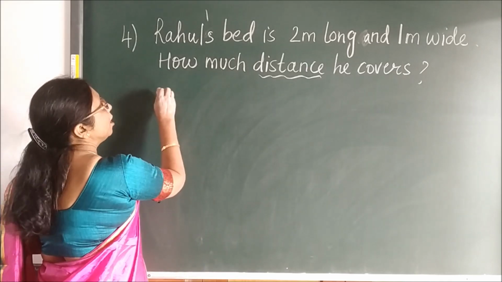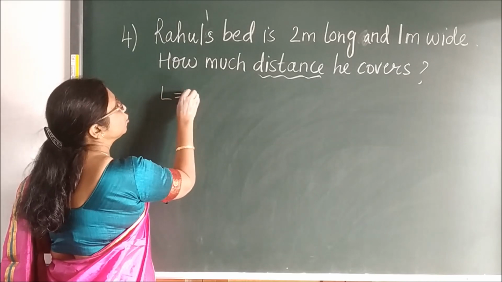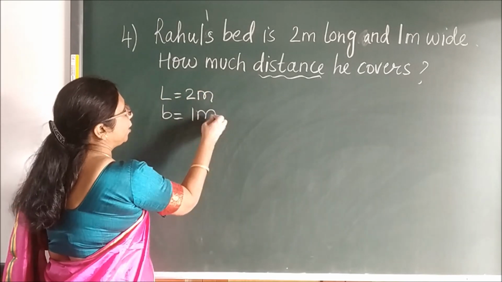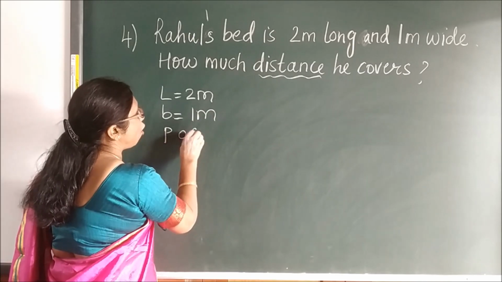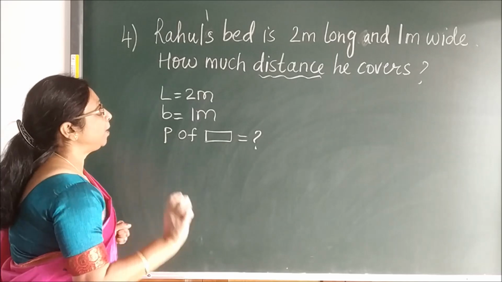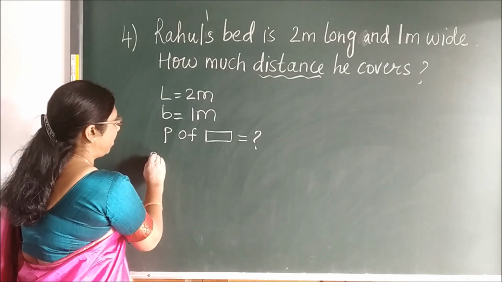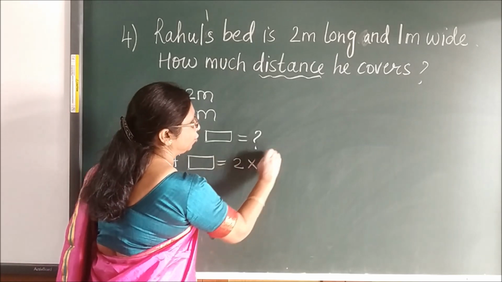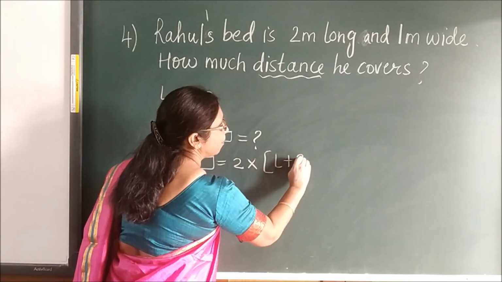So here we'll write length is 2 meter, breadth is 1 meter, and we will find perimeter of rectangle. Now place the formula. Perimeter of rectangle is equal to 2 into length plus breadth.